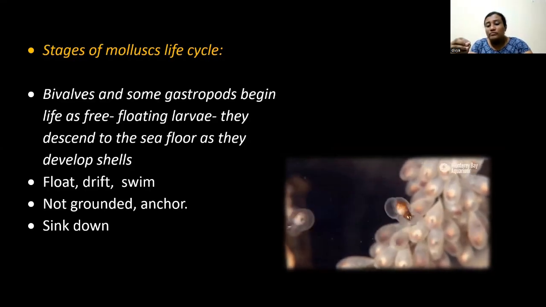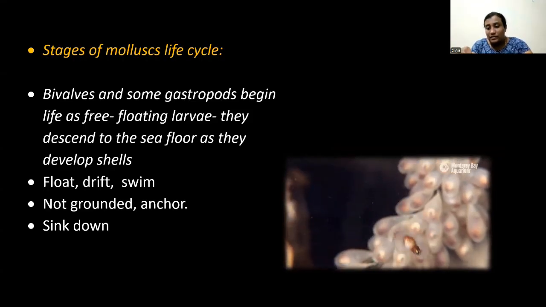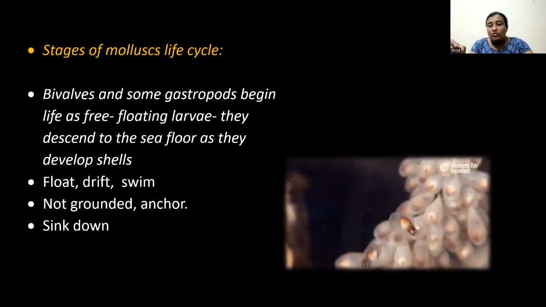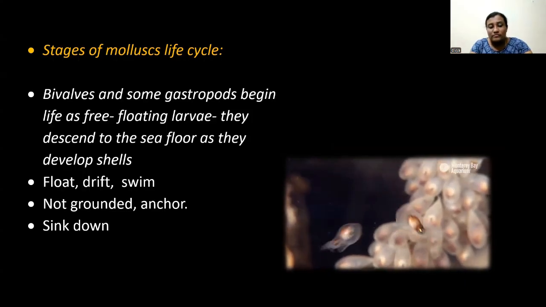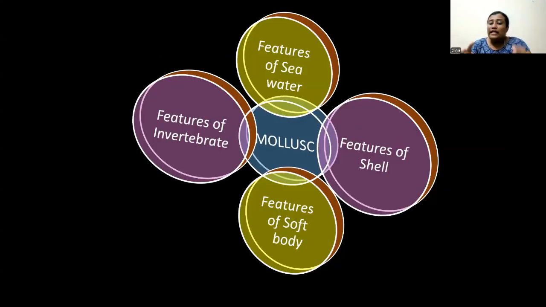When you see, you prescribe many other plant remedies and first column mineral remedies. Because they are not grounded, they are floating. So they are unstable, confused. When it comes to mollusk, all these four features should be there: features of invertebrate, features of seawater, features of shell, features of soft body.